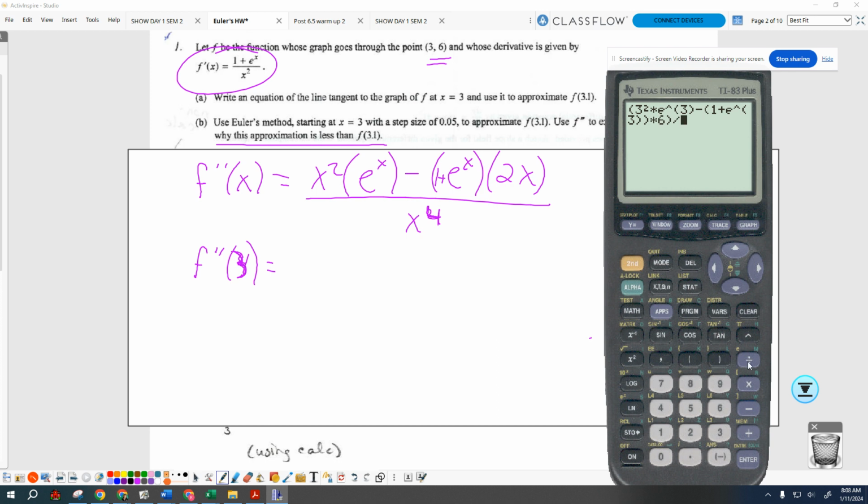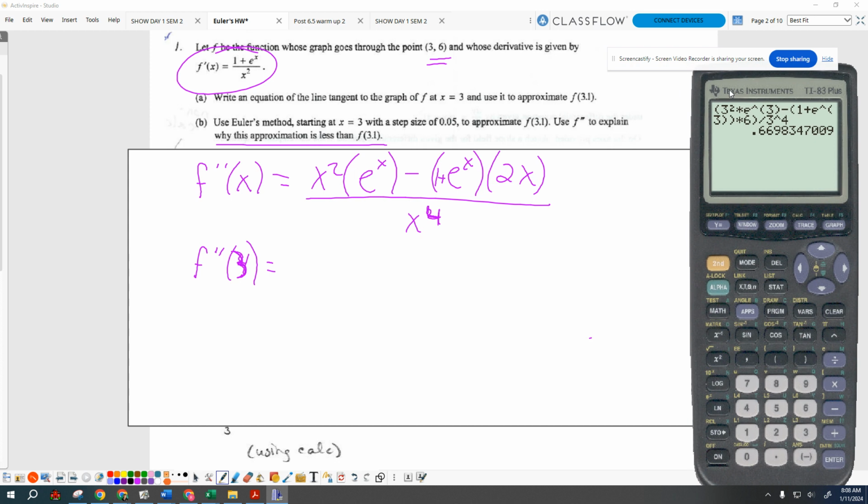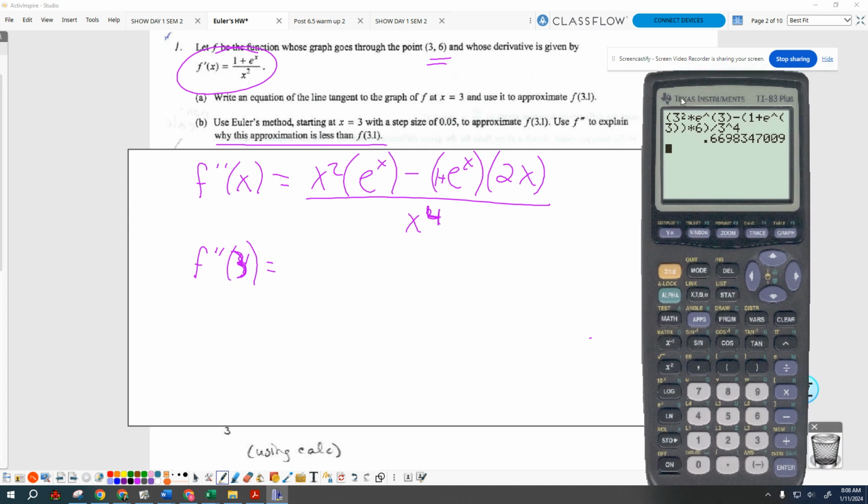Close the parentheses up top, divided by the bottom. So for the double derivative, I get 0.6 something, I get a positive number.